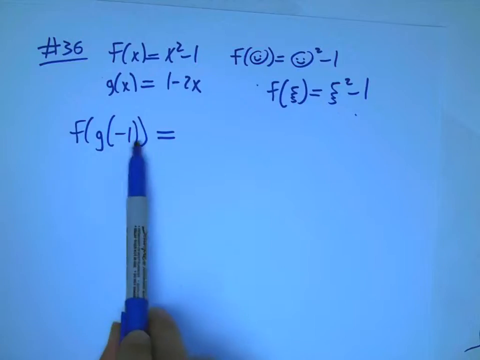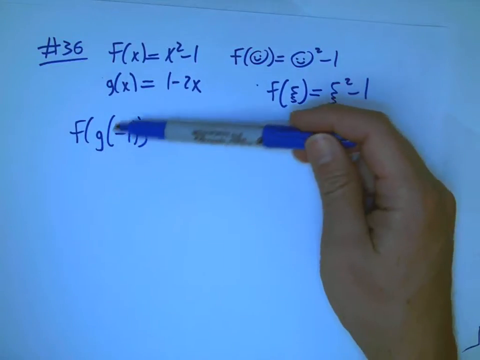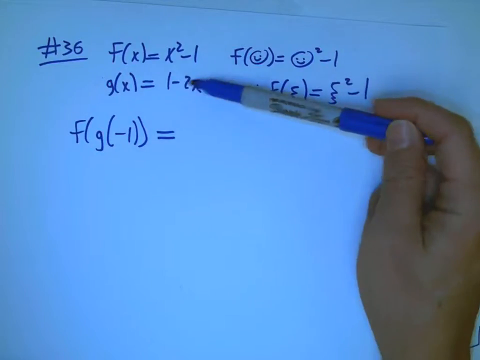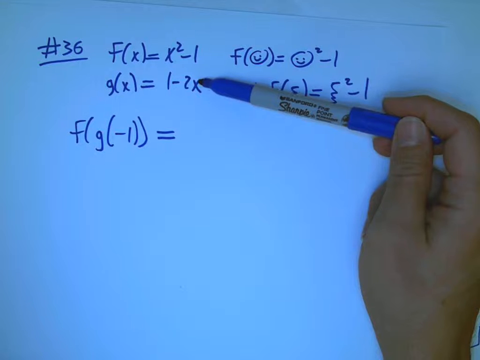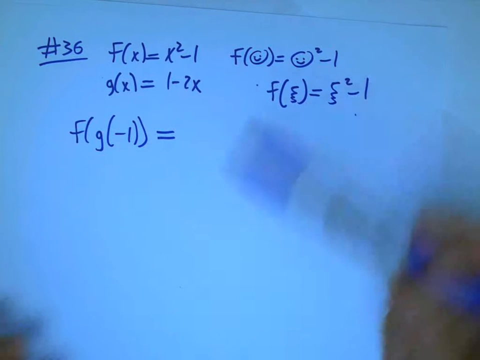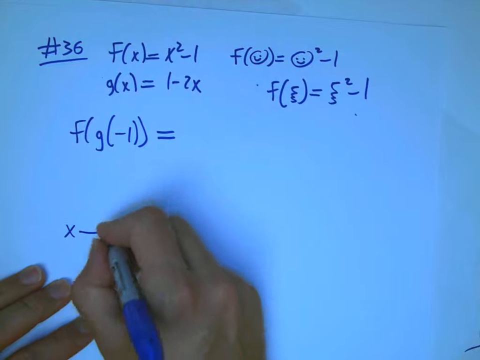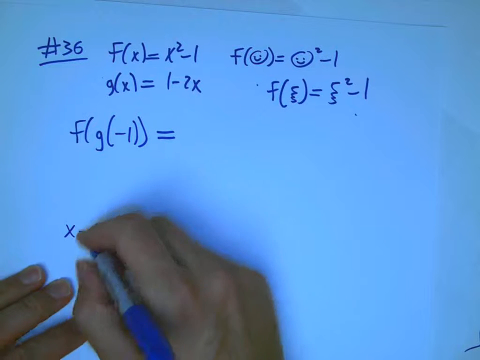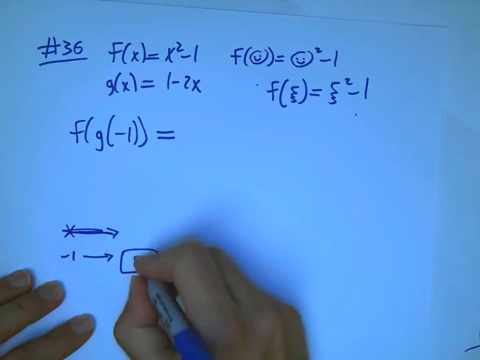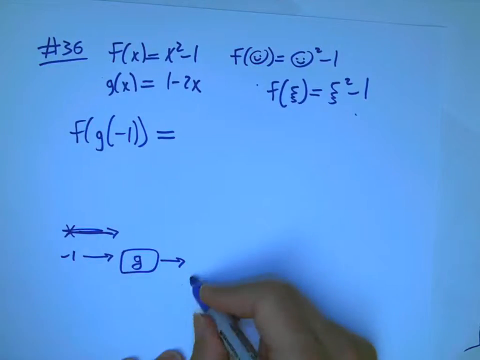And in particular, that thing could be the output of another process. So this says, take minus 1, stick it into g. That has this formula. Then that's going to give you a number. Then stick that number into f. In terms of the machine idea, a very good way to look at this is we're taking minus 1, say, and we're sticking that into the g machine.